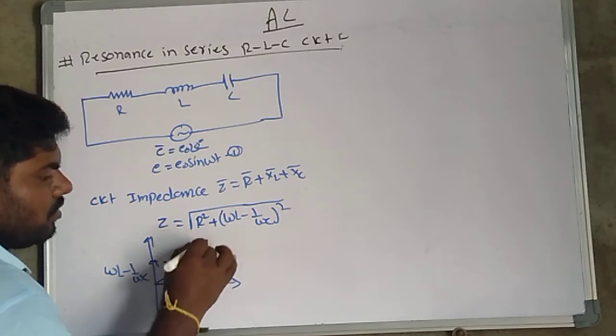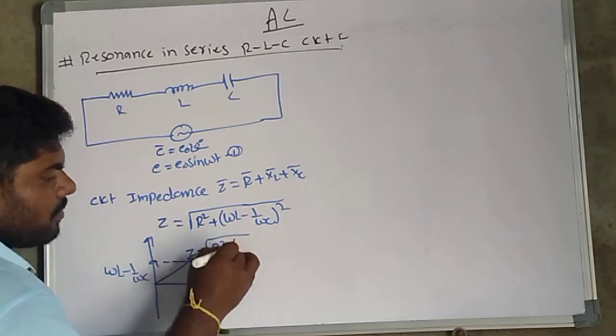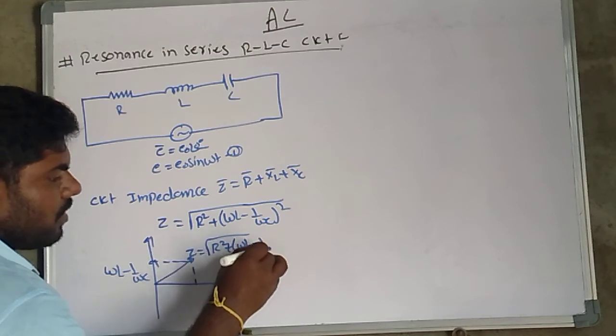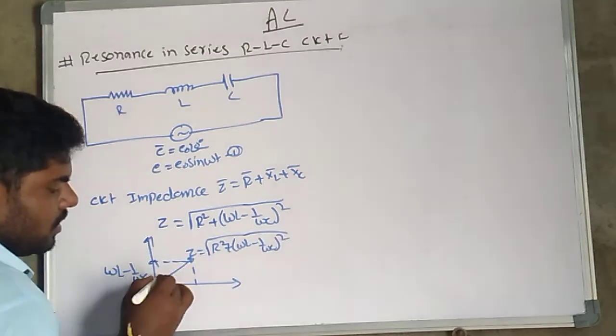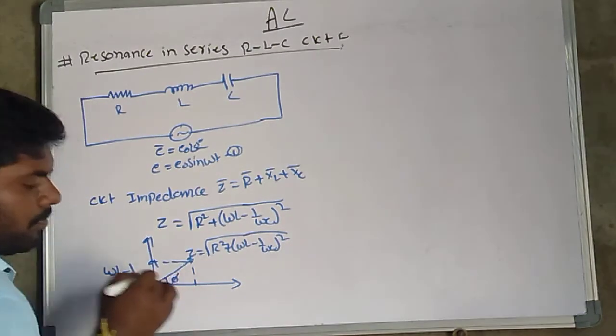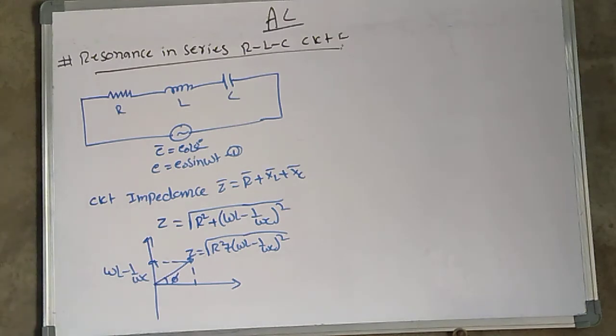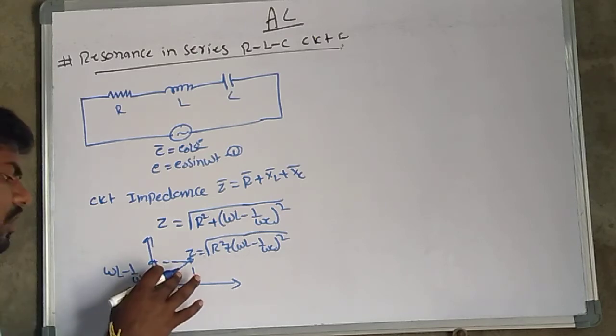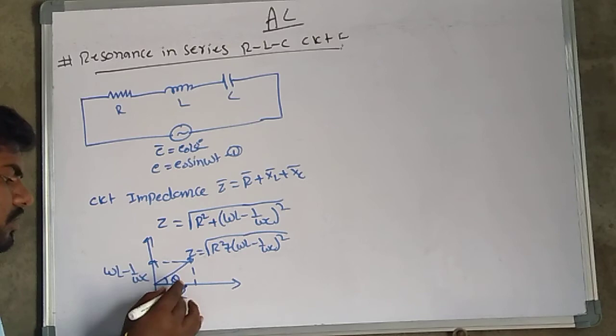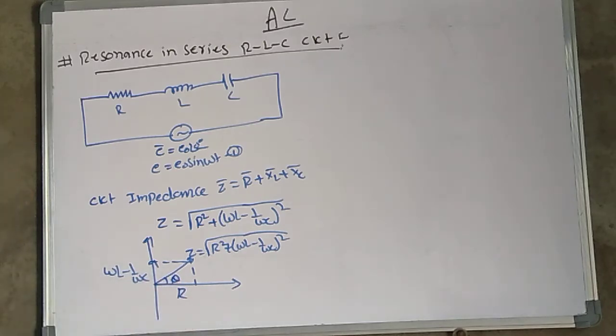Z is equal to the square root of R square plus the square of omega L minus 1 by omega C. Here the angle is phi, and here is the R value. Last class we discussed this phi or theta.